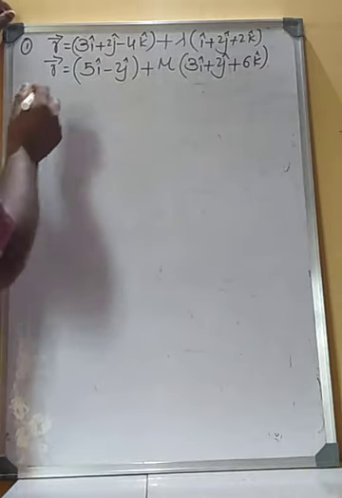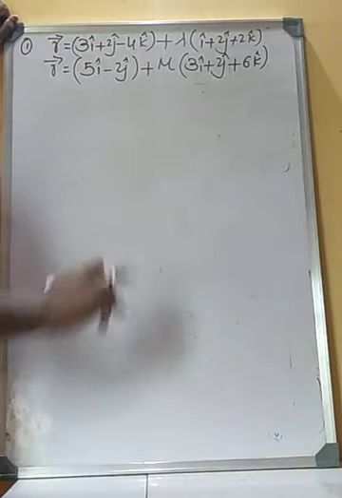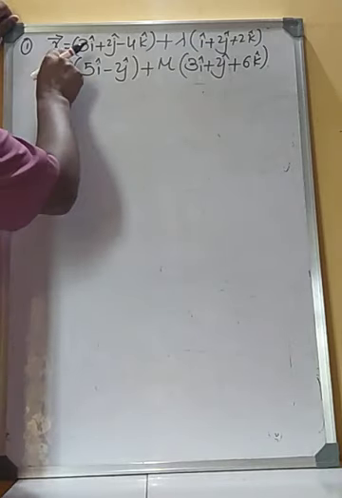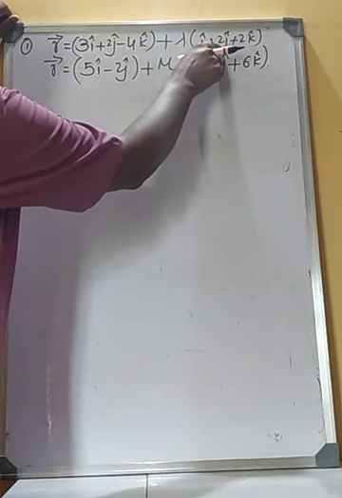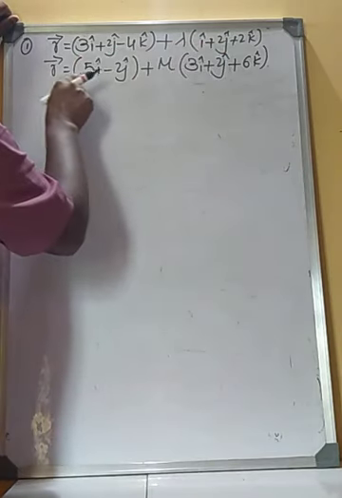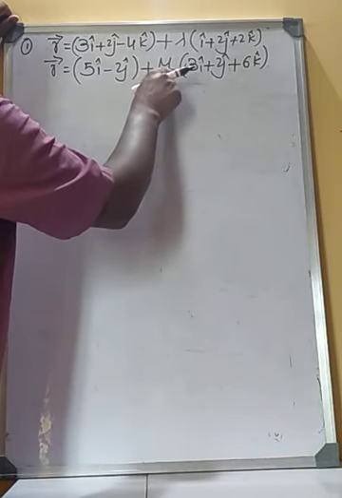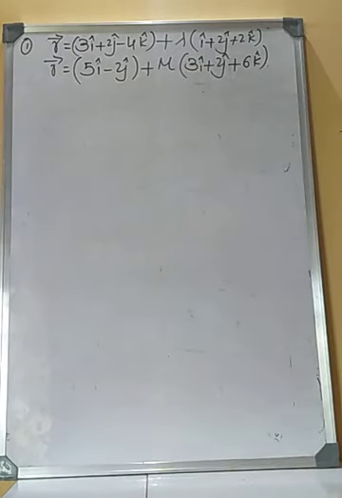Here, comparing the given equations with the standard equations, r vector is equal to a1 vector plus lambda b1 vector, and r vector is equal to a2 vector plus mu b2 vector.